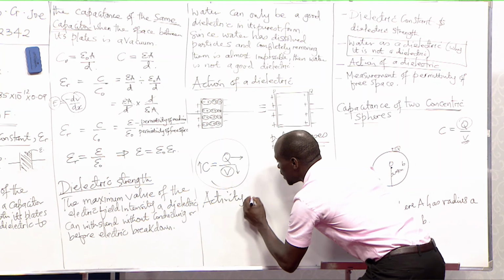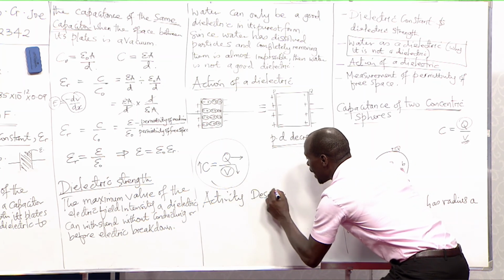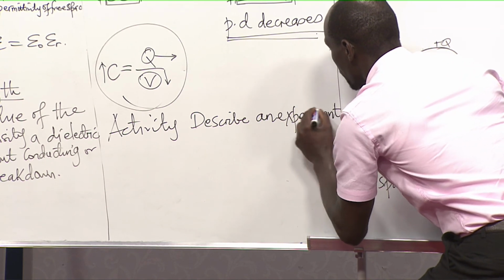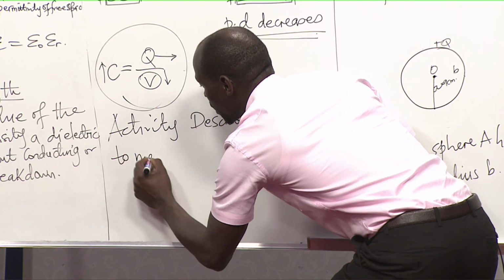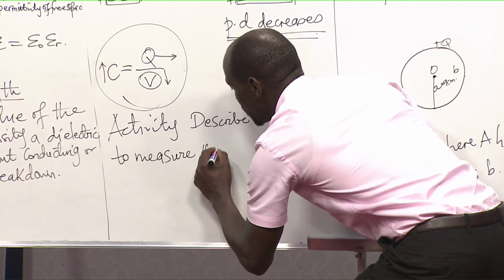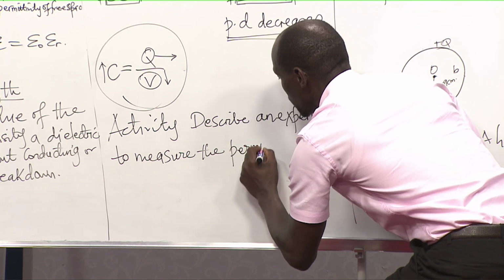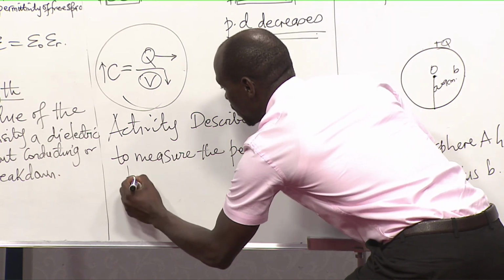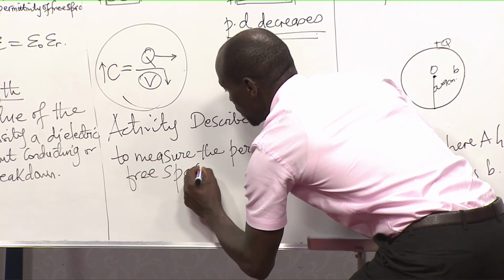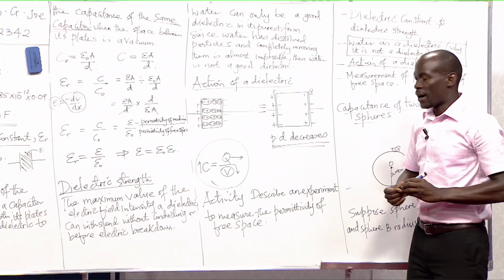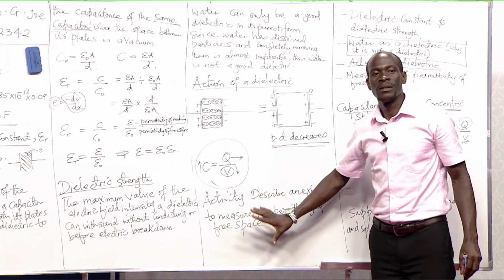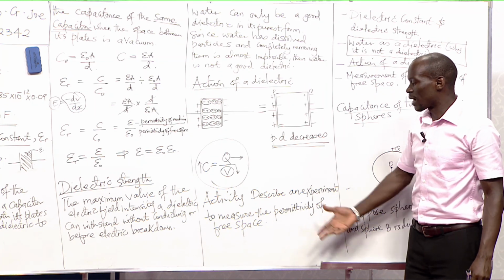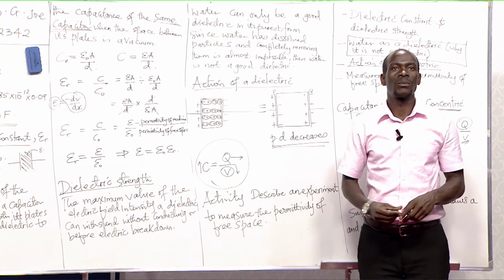The activity is: describe an experiment to measure the permittivity of free space. So that is our activity, which we shall have to do. Look at it and see. So when we start again, when we come again for our lesson, we can always make it our starting point.